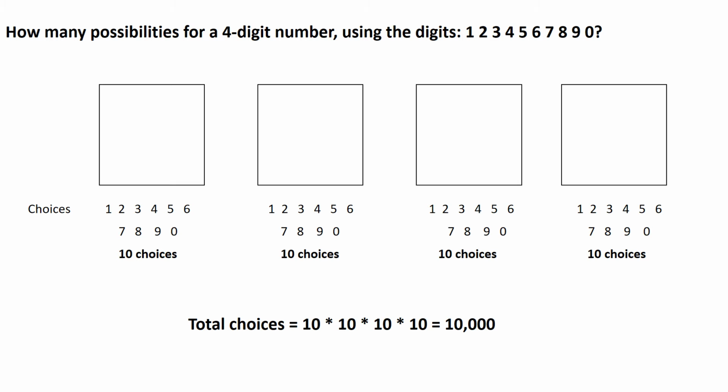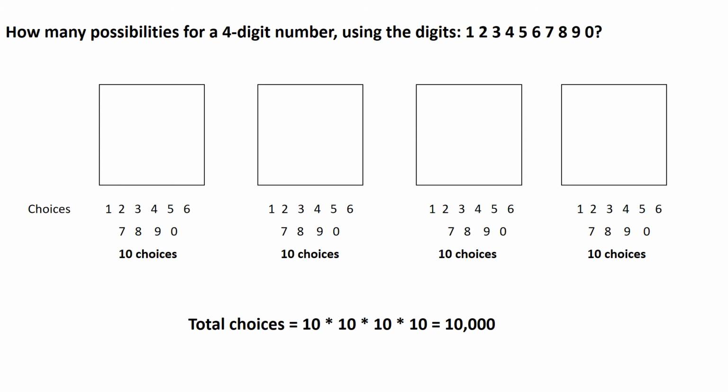Now, how many possibilities are there for a 4-digit number using the digits from 1 through 0: 1, 2, 3, 4, 5, 6, 7, 8, 9, 0. Well, I can use any of them. For the first one, I could have 10 choices. A 1, a 2, or a 3, or a 4, and so on.